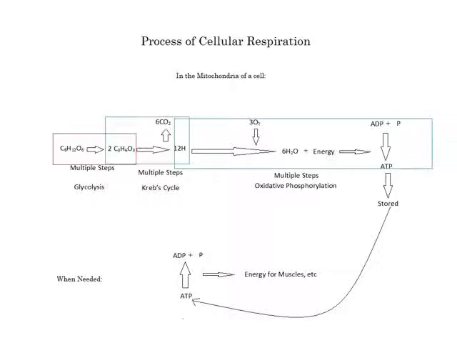Okay, so now let's talk about what happens when the glucose gets into your cells. How does it actually produce energy? It turns out that the overall chemical reaction is really simple.